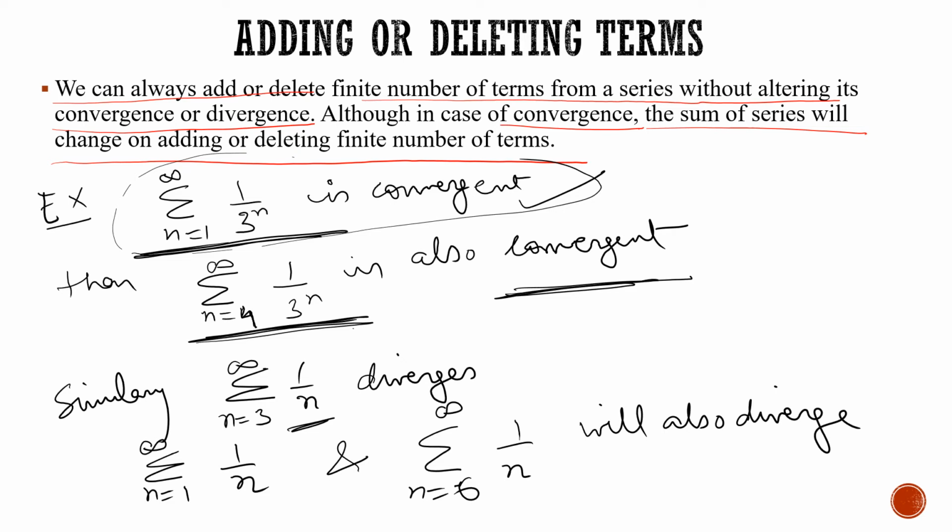So what is the moral here? No matter what, if we add a finite number of terms or delete a finite number of terms, the behavior of the original series and the obtained series will be the same.